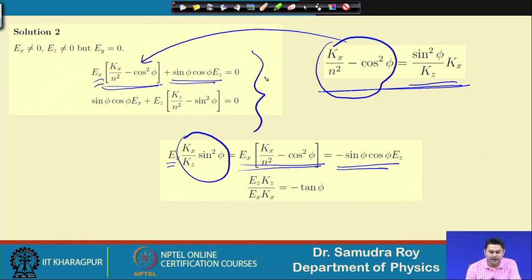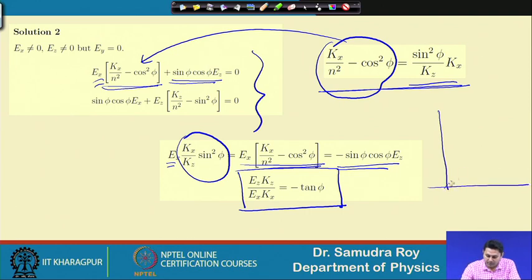From here we have a relationship between Ex kz and kz kx, and this relationship suggests that Ez kz divided by Ex kx is equal to minus tan phi.